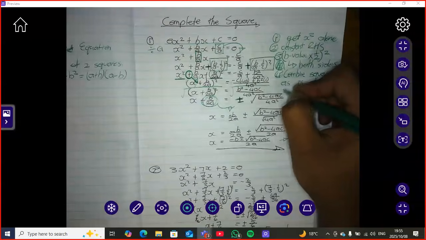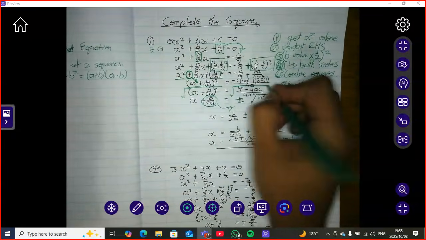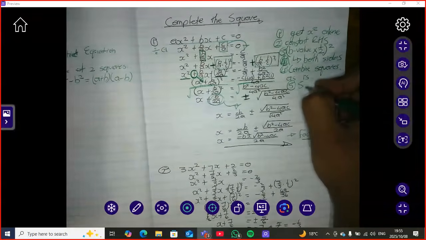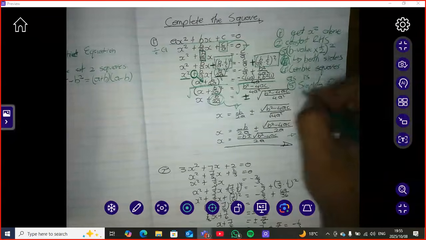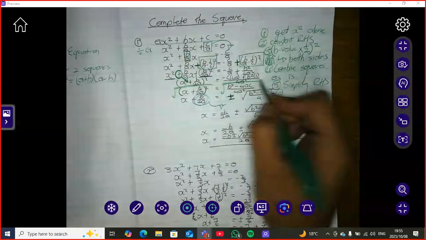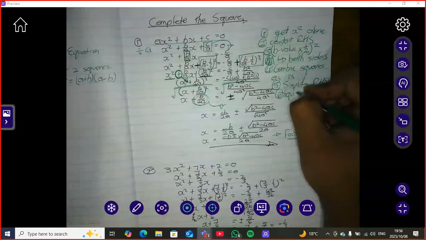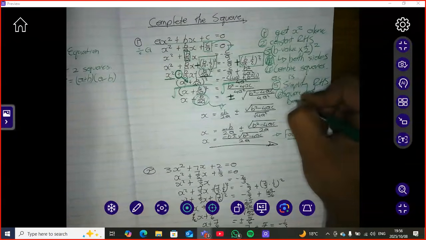And then step five is, first, simplify right hand side. Number six is the square root now. Square root both sides.